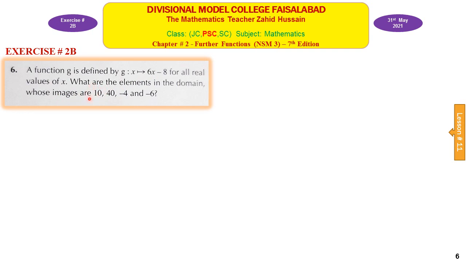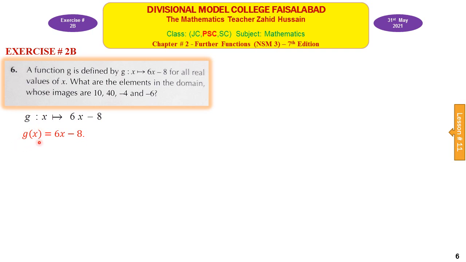Now the images, the values of y, are given. You are simply asked to find that value of x which when you put in the function you get 10. So write the function in this way: g of x is equal to 6x minus 8.